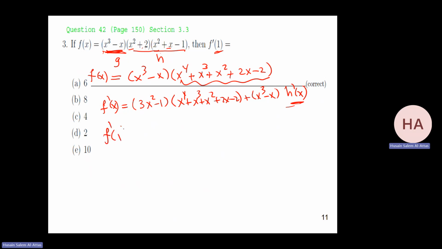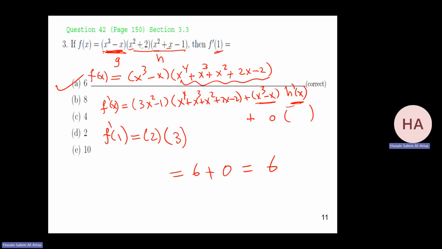Because when I do f prime at 1, this will be 0, so 0 times something will be 0. So I'll care only about this one. That will make the calculation easier. So I substitute at 1: 3 minus 1, that is 2. Here I have 1 plus 1 plus 1 plus 2 minus 2 plus 0. So I have 3. So the answer is 6 plus 0, which is 6. That will be my answer.